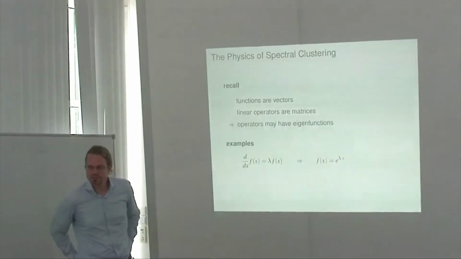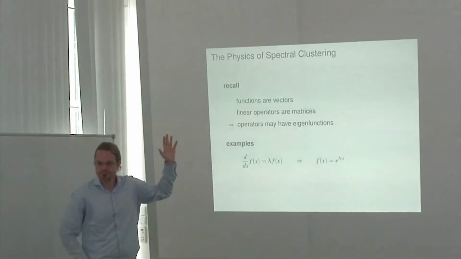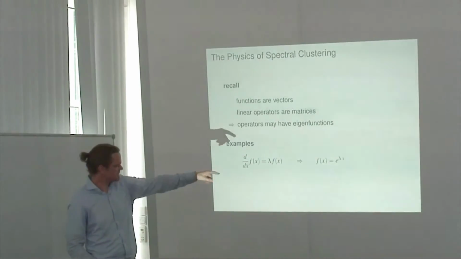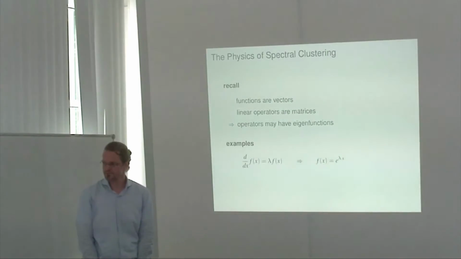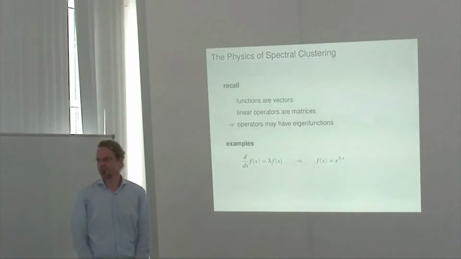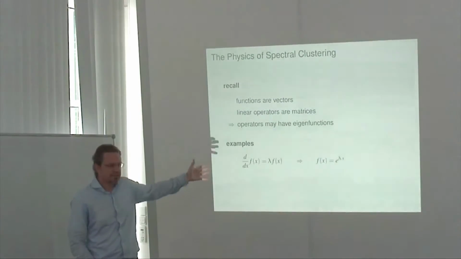Who has seen this before? Have you been told that the exponential is an eigenfunction of the derivative operator? Why not? Something has gone horribly wrong in your undergrad education. Look at this.